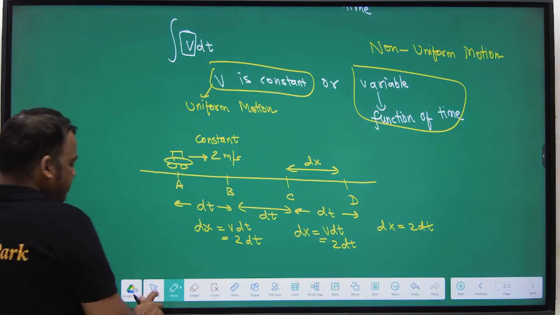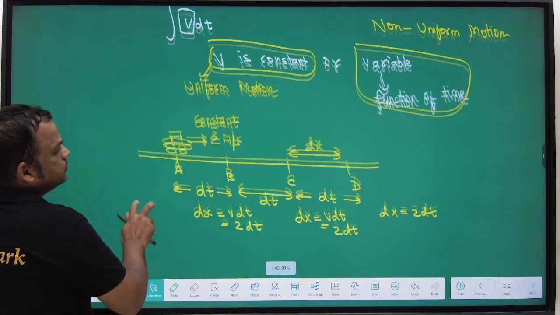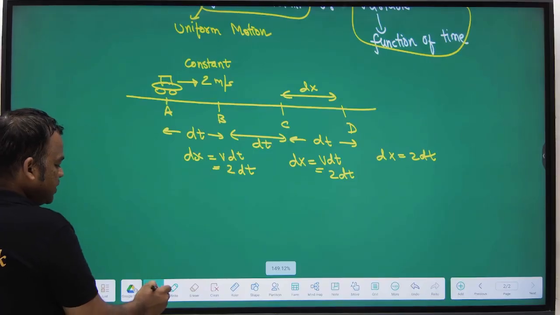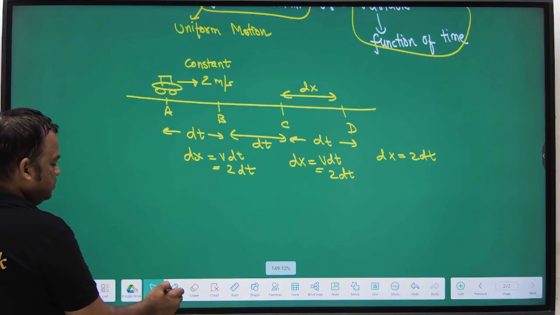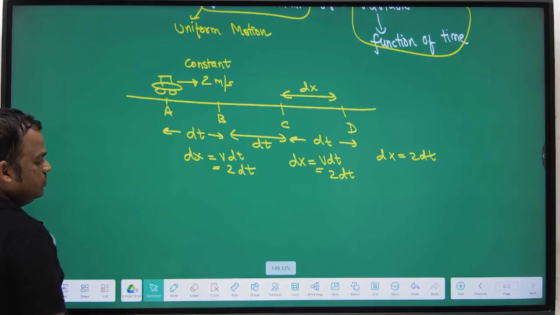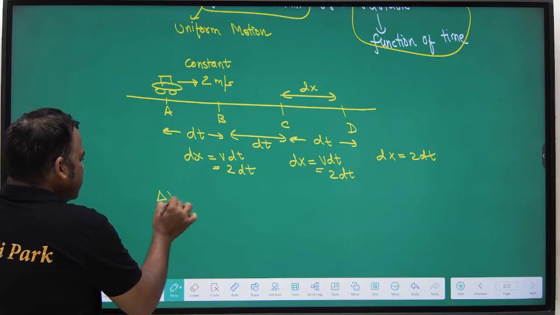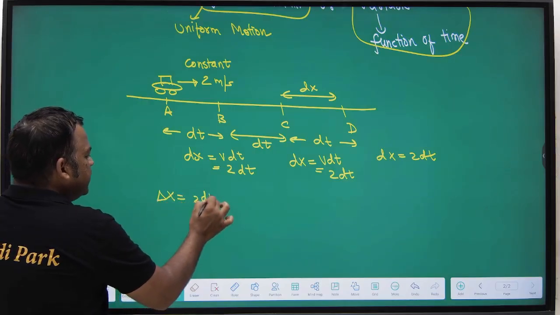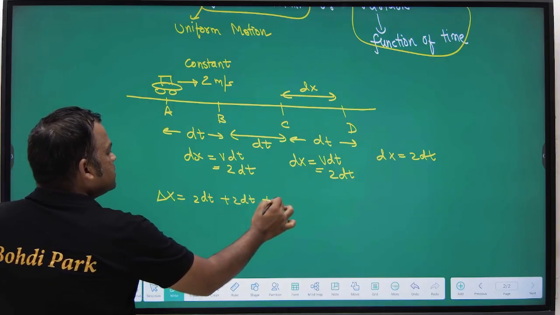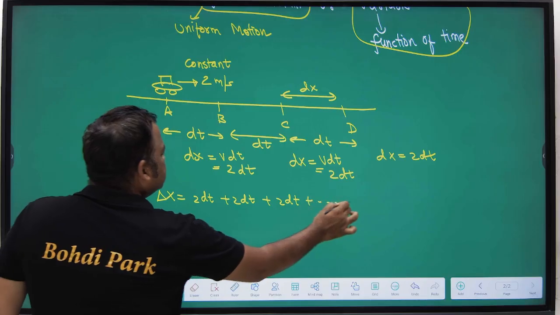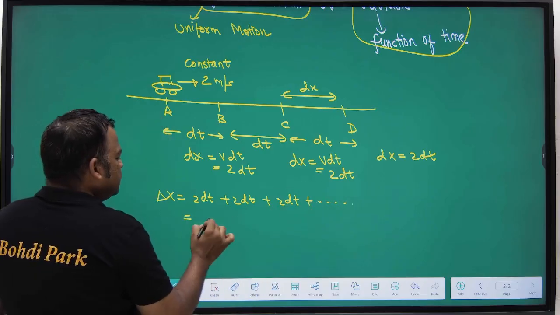So how to write that displacement? Delta x will be equal to 2 dt plus 2 dt plus 2 dt and so on, and we will take 2 common.